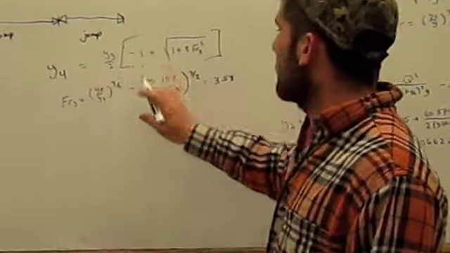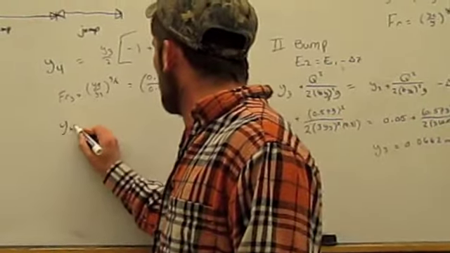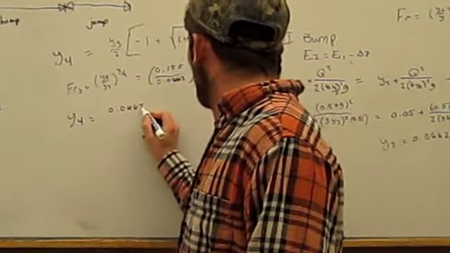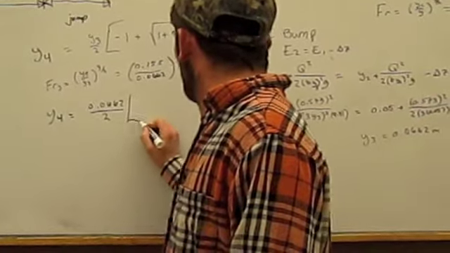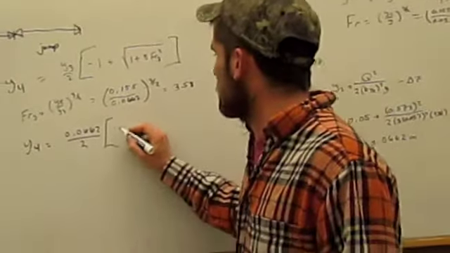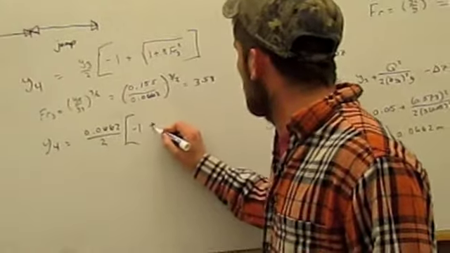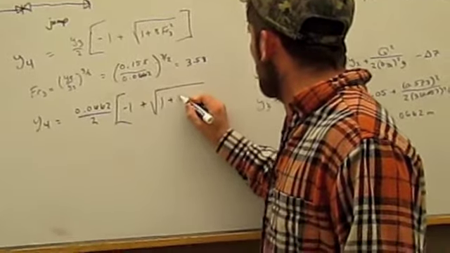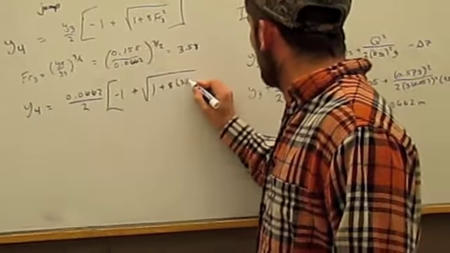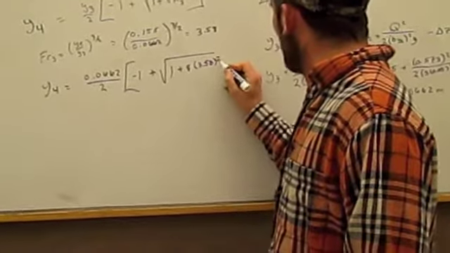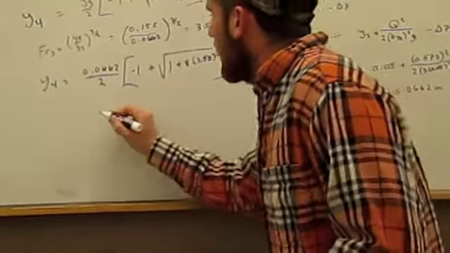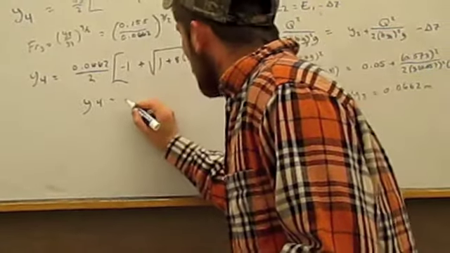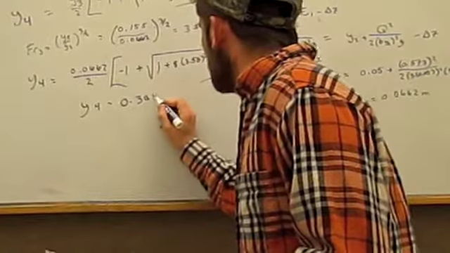Plugging everything we know into this equation, we get 0.0662 divided by 2 times -1 plus square root of 1 plus 8 times 3.58 squared. At y4, we have 0.304 meters.